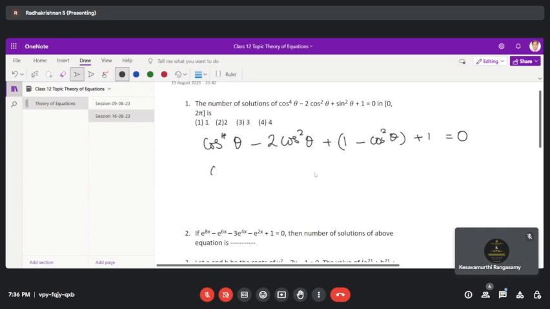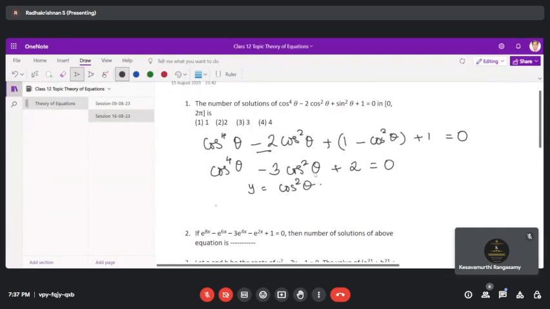So now this equation will become cos to the power 4 theta minus 3 cos square theta, minus 2 and minus 1, 3 cos square theta. So here plus 1. Now you can substitute, like you said, y equal to cos square theta.